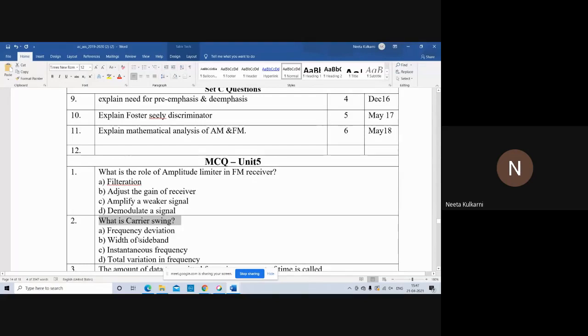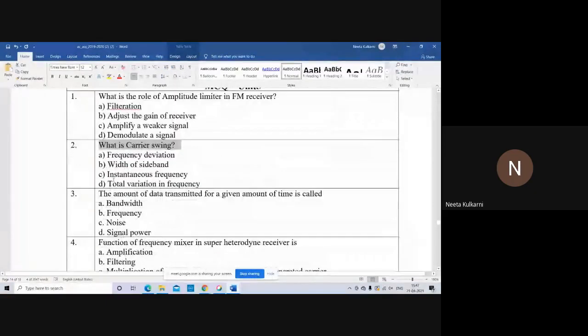If you search on the internet you will also get the answer. Carrier swing is the total variation in the frequency.